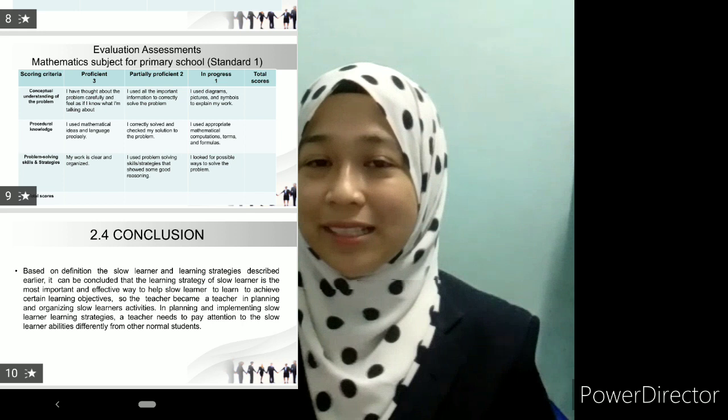So the teacher becomes a planner and organizer of slow learners' activities. In planning and implementing slow learner learning strategies, a teacher needs to pay attention to the slow learner's abilities, which differ from other normal students. So that's all from me.